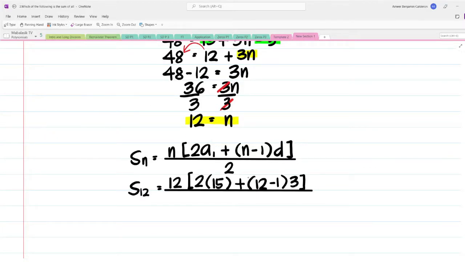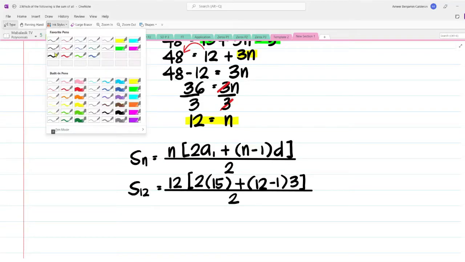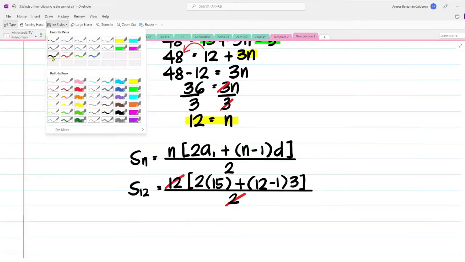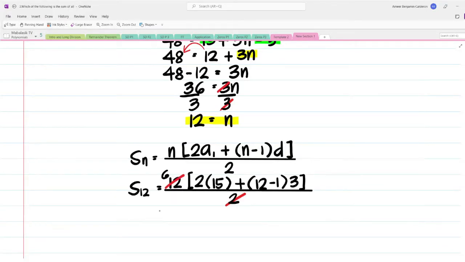If it so happened, kapag nagkataon that this item here is divisible by 2, you can cancel it together with 2. And then you just are left with whatever the divided by 2 is.